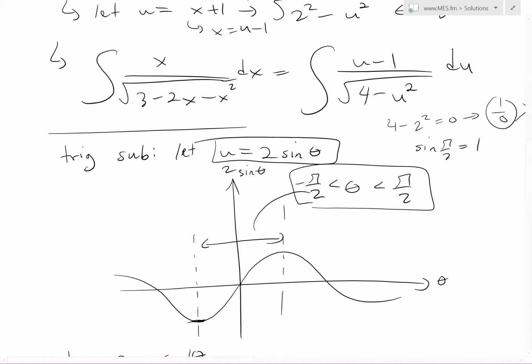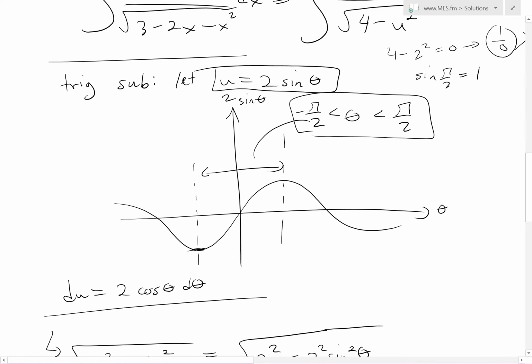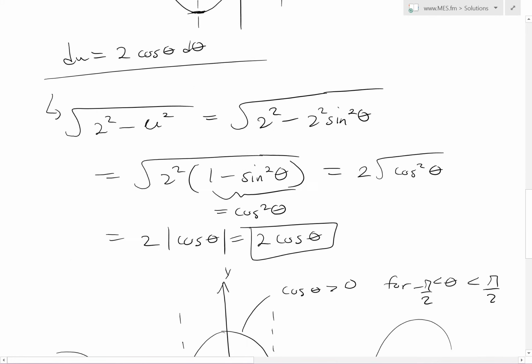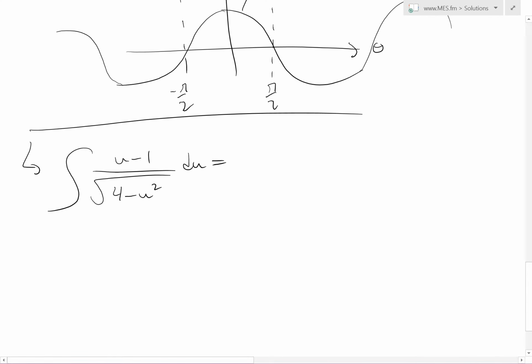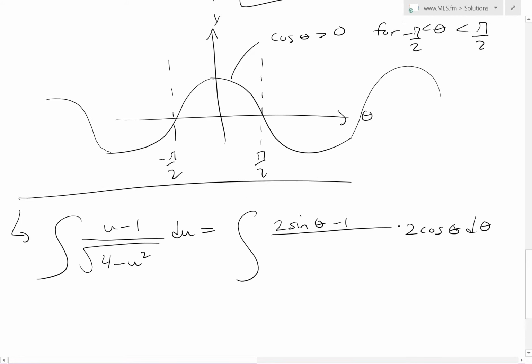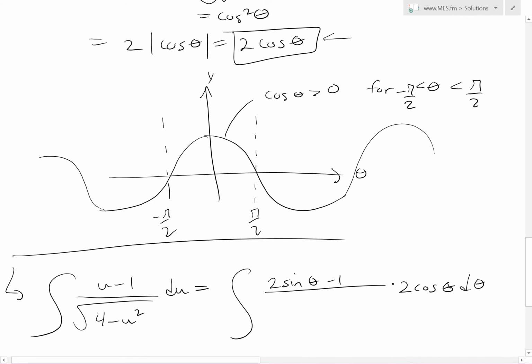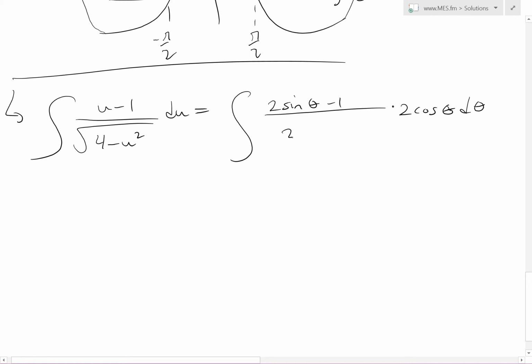Now we plug in u, which is 2 sine theta, and du is 2 cosine theta d theta. This would equal 2 sine theta minus 1, and then du is 2 cosine theta d theta, and the square root of 4 minus u squared is equal to 2 cosine theta.